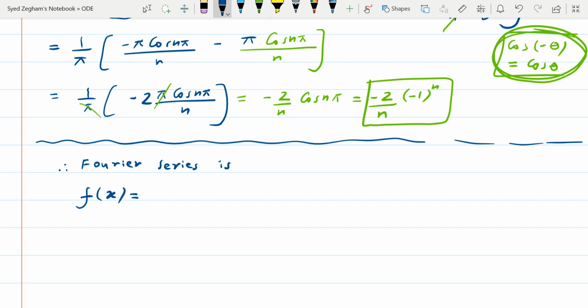Only we have to write the part which contains Bn. So that will be summation Bn, which you have calculated as minus 2 over n minus 1 to the power n, with sine n pi x divided by L. In this question, L is equal to pi, right?